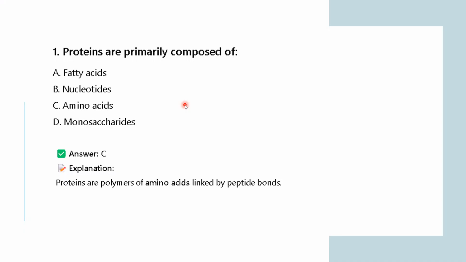So the next question is, enzymes differ from receptors mainly because enzymes are not proteins, do not bind ligands, catalyze chemical reactions, or are located only in membranes. So what do you think? Because enzymes are different from receptors.